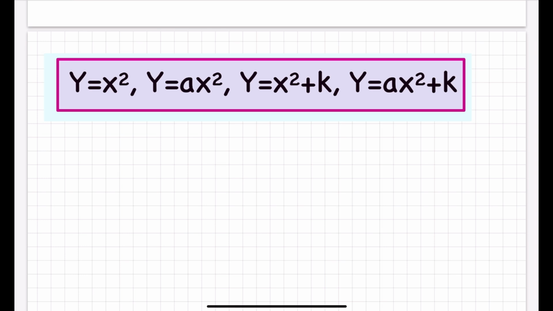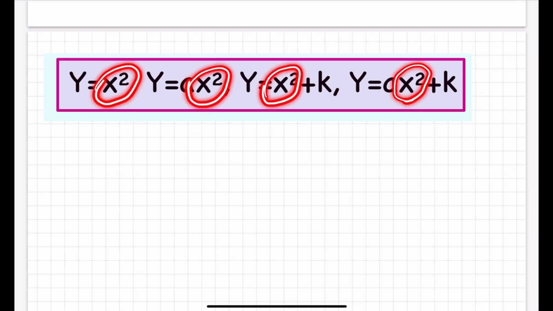The first thing you see on my screen is I have four different types of equation. I have y equals x squared, y equals ax squared, y equals x squared plus k, y equals ax squared plus k. Just pay attention to my x exponent. What can you see?